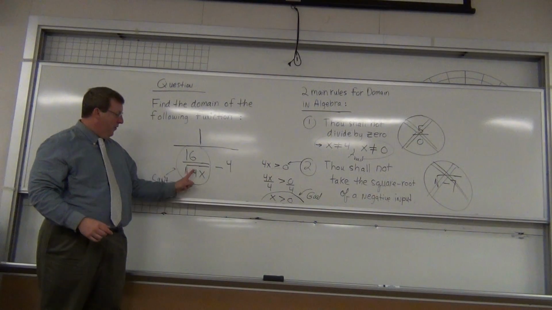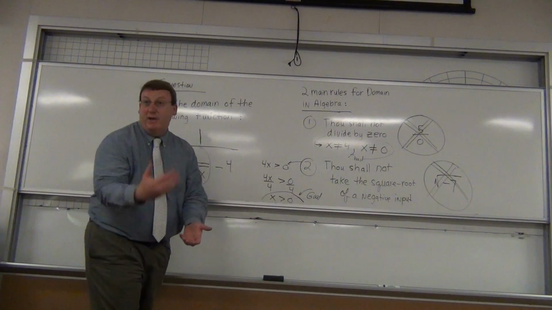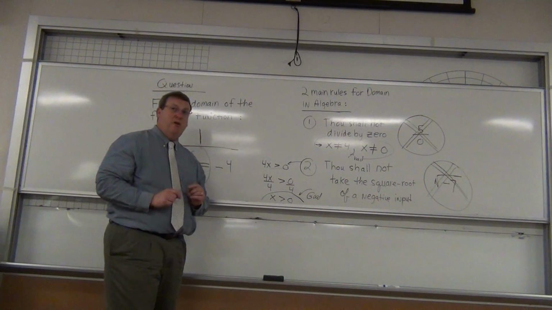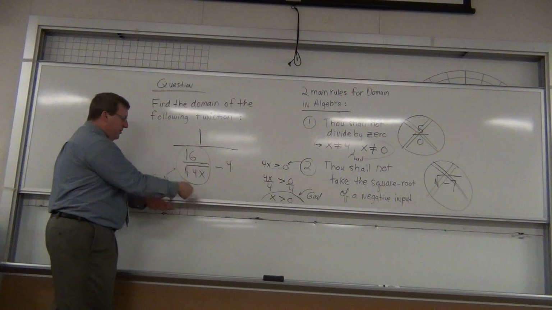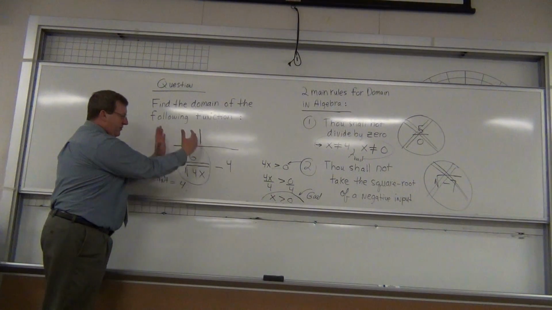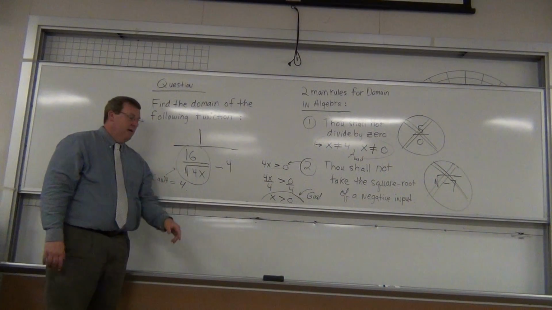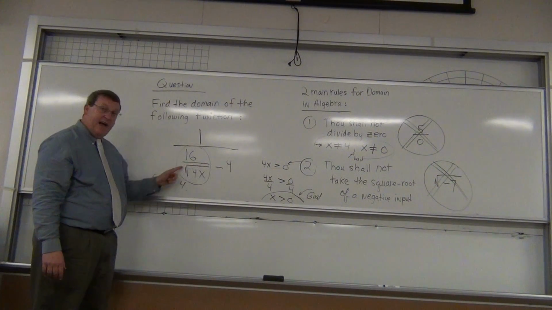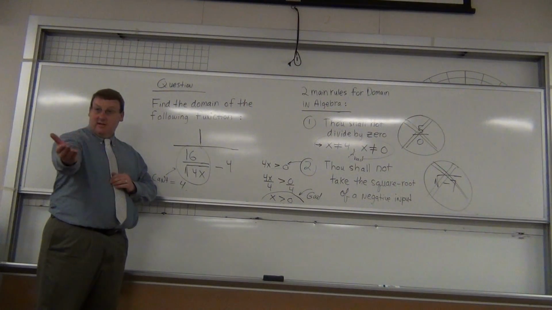If this were equal to 4, then subtract 4, you'd have 0 on the bottom, and that'd be bad news. So we have to be careful and find out what x input would result in this circled item being 4. Well, let's take it one step back. 16 divided by what would give me 4? Excellent.